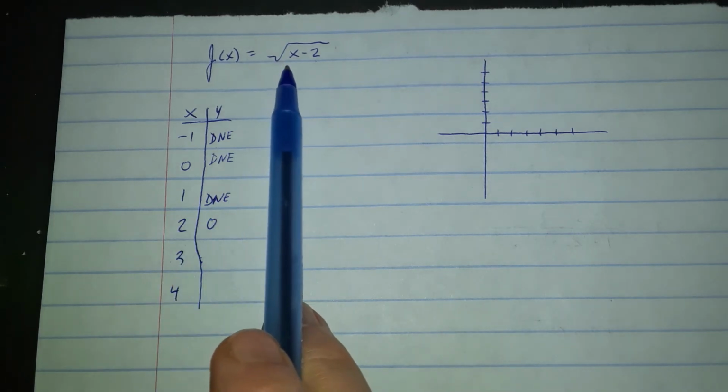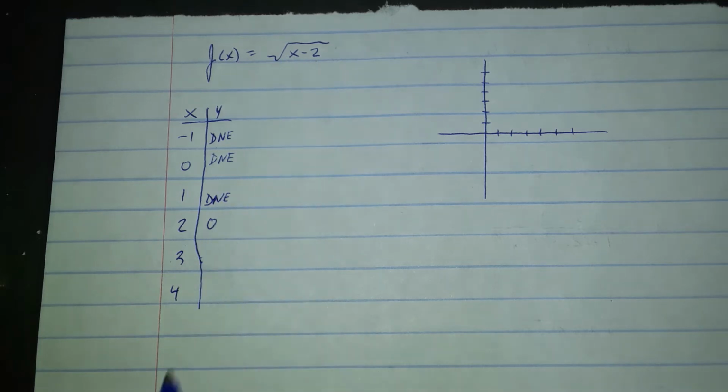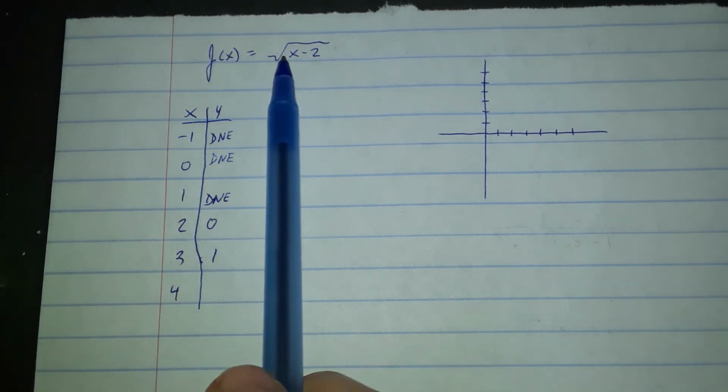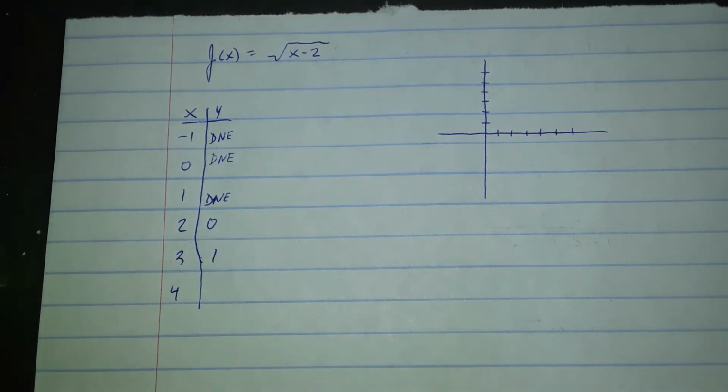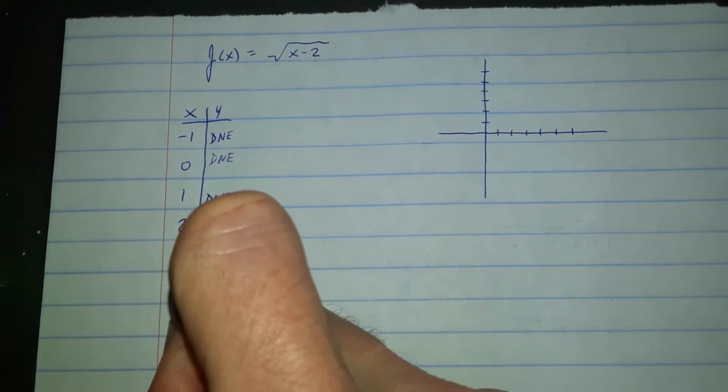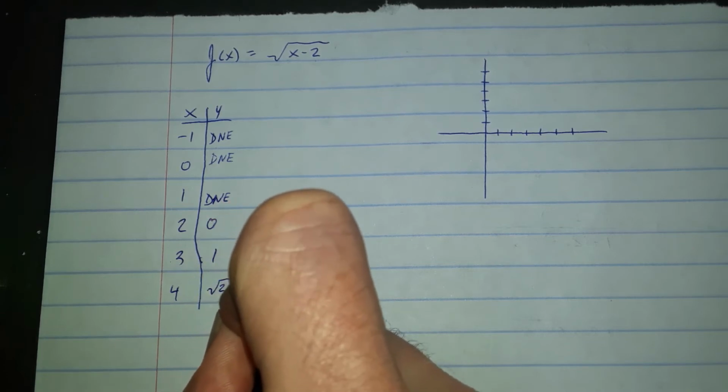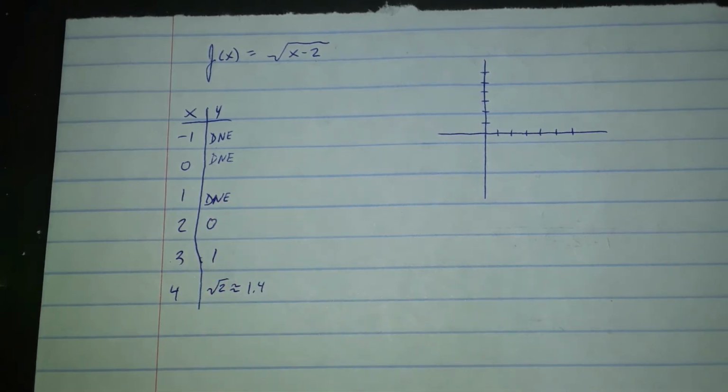If I put in 3 here, 3 minus 2 is 1. The square root of 1 is 1. And then putting 4 in here, 4 minus 2 is 2. Square root of 2 is approximately 1.414. If you want to be exact, you put square root of 2 in here, which is approximately 1.4. And so we do have 3 points now that we could plot.